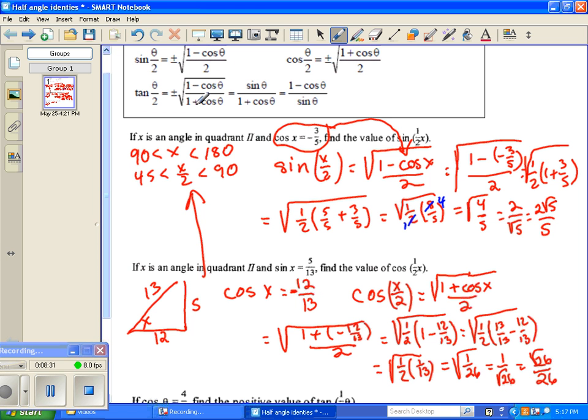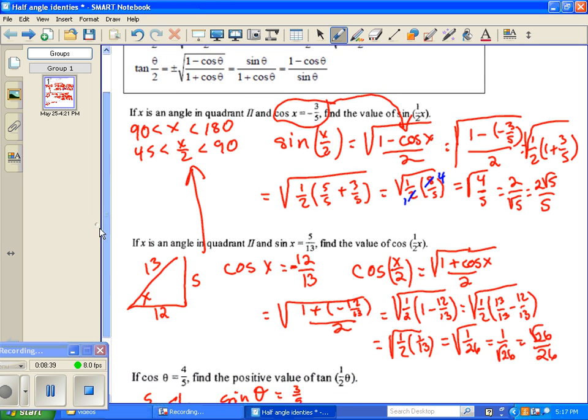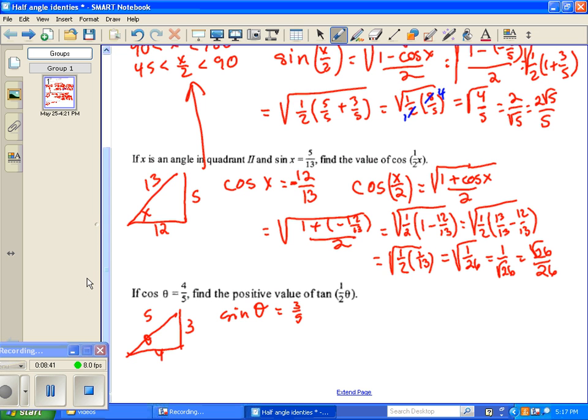Now sometimes we don't have a choice, but here we do. We can pick any of the 3. So I'm going to just pick the last one. You can pick the second one and you should get the same results, but I'm going to pick the last formula. So tangent of the half angle of theta equals 1 minus cosine theta over sine theta.